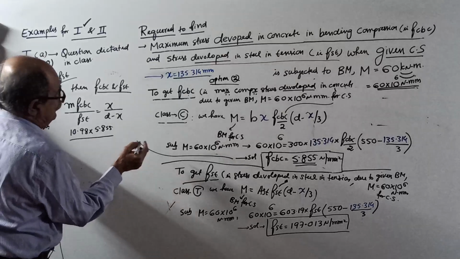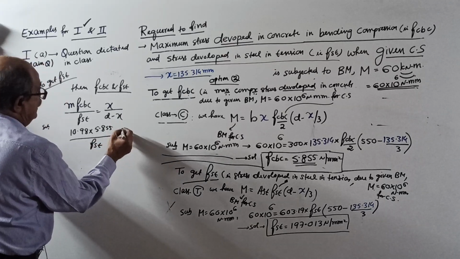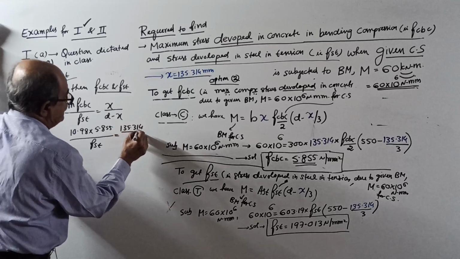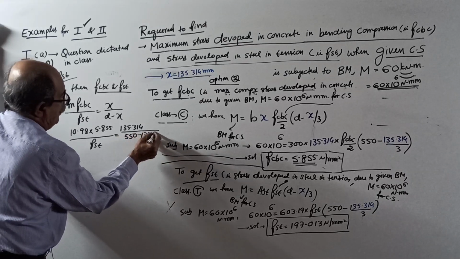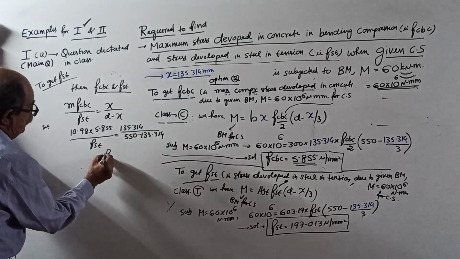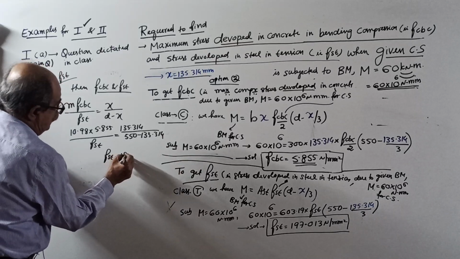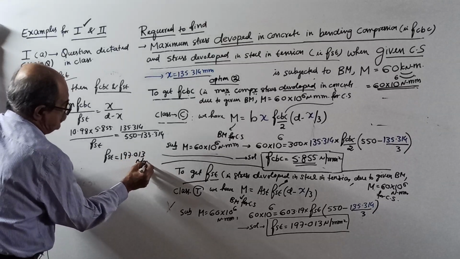FST equals 5.855 times 135.314 divided by (550 minus 135.314). This will give FST equal to the same answer, guaranteed, 197.013 Newton per mm square.